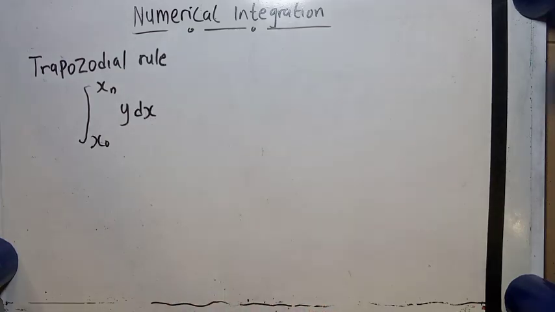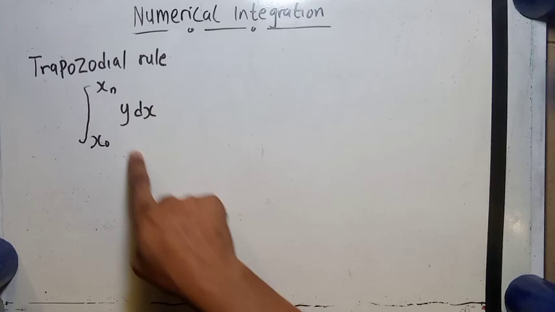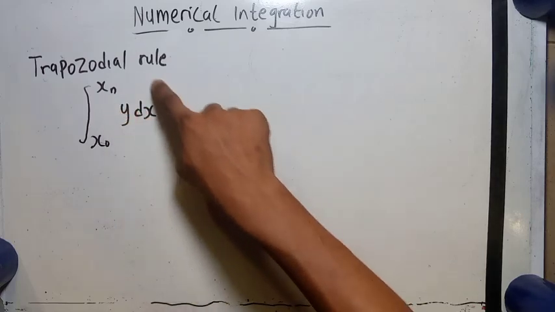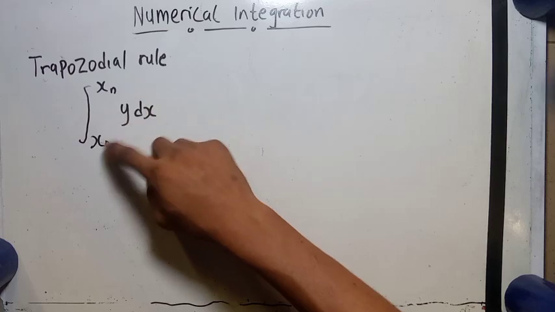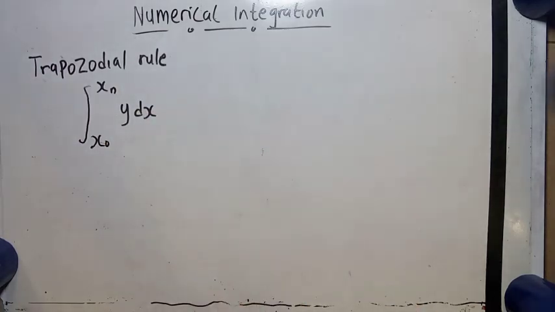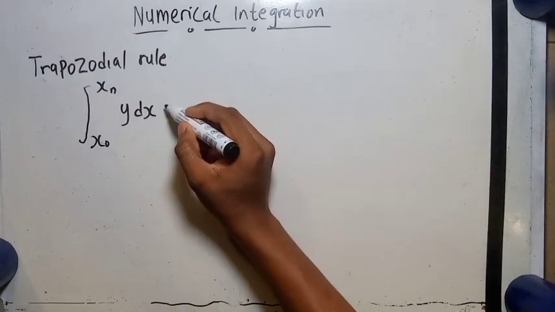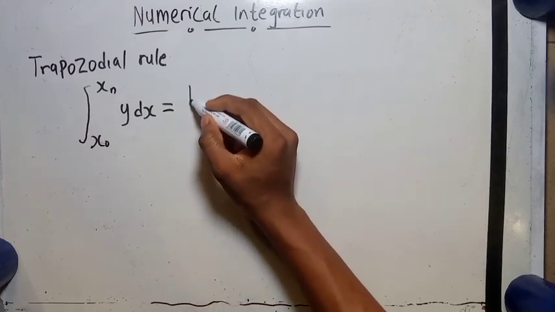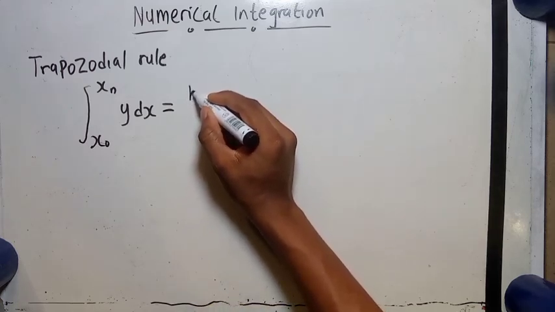Now, in case you're asked to integrate y dx, given these two limits, this one can serve as your a, this one can serve as your b. Given these two limits, our approximation will be half of h.